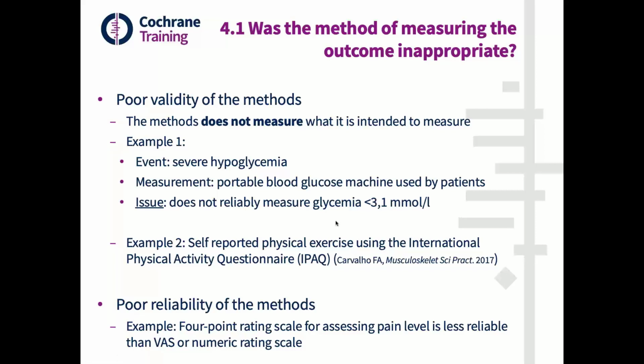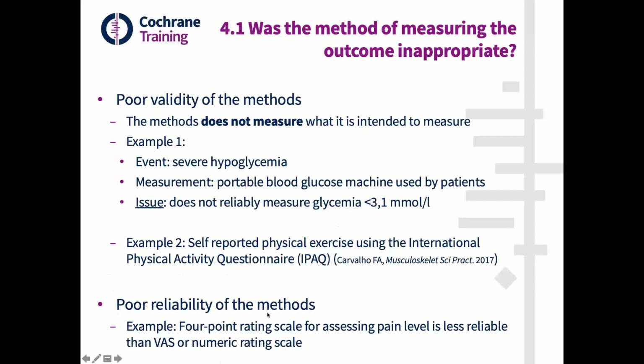Another example, a lot of studies aim to measure the physical activity of patients. And for a long time, we've been using self-reported physical activity. And there have been some studies showing that some of the questionnaires that are used to measure physical activity have a very low and very poor validity. So it's not going to measure adequately the actual physical activity of the patient.